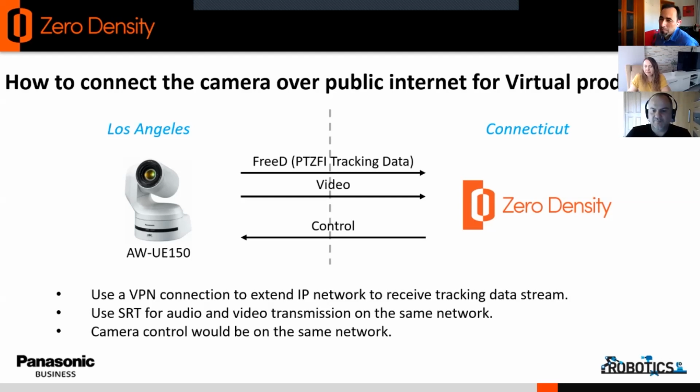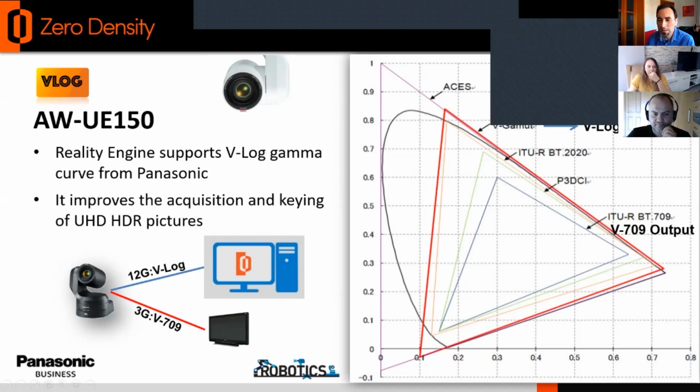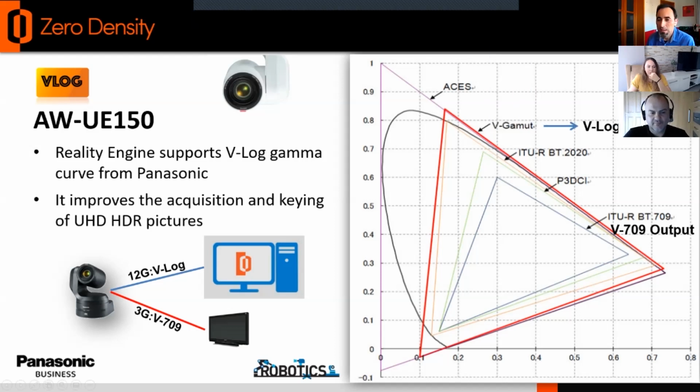Good. So if we change the topic a little bit, let's talk about how you take the signal from the camera. I mentioned in the introduction that the UE150 has also implemented the logarithmic curve that we, as Panasonic, created for our cinema cameras, like the Varicam, which you also support.